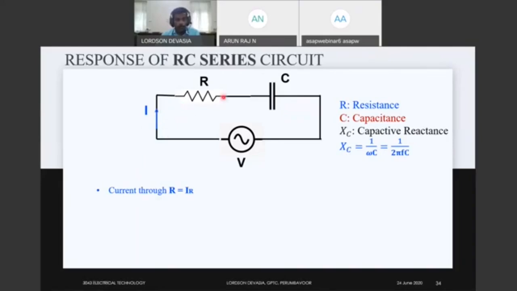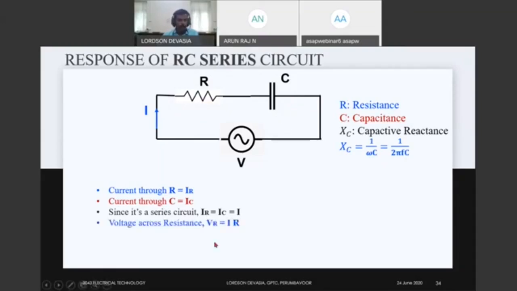I is the current, the same current will flow through the resistance and capacitance. So നമുക്ക് I-നെ റെഫറൻസ് ഫേസ് ആയിട്ട് എടുക്കാം. So the current through the R is equal to I, and the current through the capacitance is IC. Since it is a series circuit, the current through the resistor is equal to the current through the capacitor, that is equal to I. So the voltage supplied is equal to the voltage drop across the resistance plus the voltage drop across the capacitance.